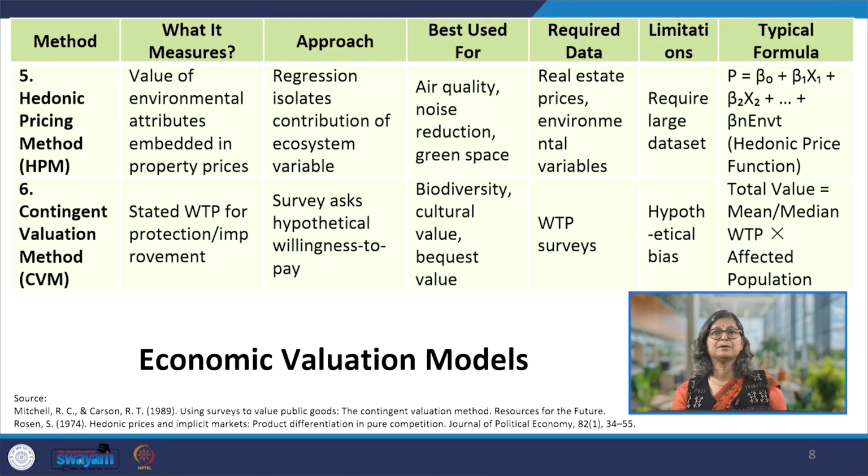We'll be discussing bequest value at least in detail. The data required is the willingness to pay survey. It has its own bias, hypothetical bias, and its own way of calculating: mean or median WTP multiplied by the affected population.